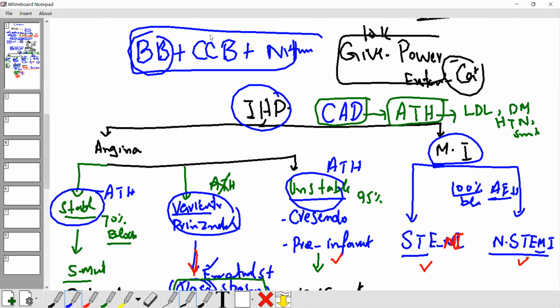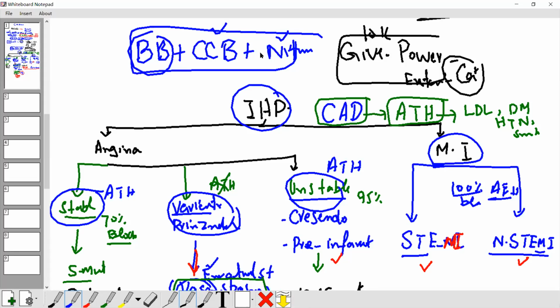So beta blocker, calcium channel blocker, and nitrate: keep these in mind for ischemic heart disease. If, for example, the patient has a heart attack, you can use a calcium channel blocker, a beta blocker, or nitrates.